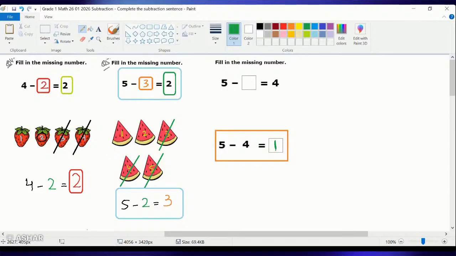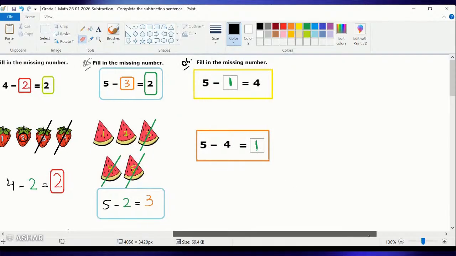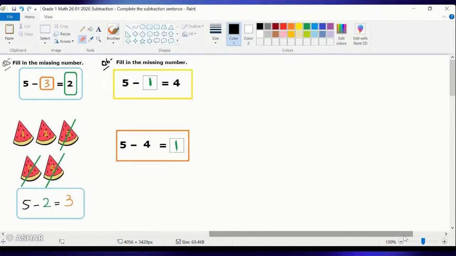Then 5 minus 1 should also be equals to 4. So we can do this easily by changing the positions over here. Do we agree on this? Okay, thank you.